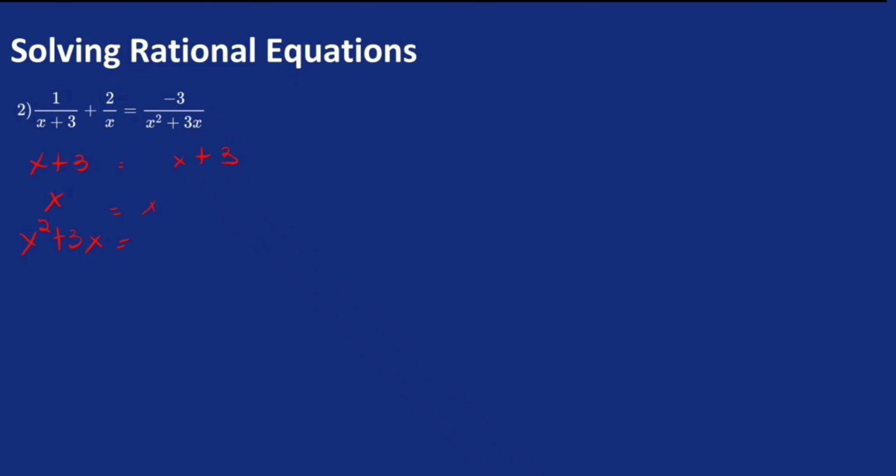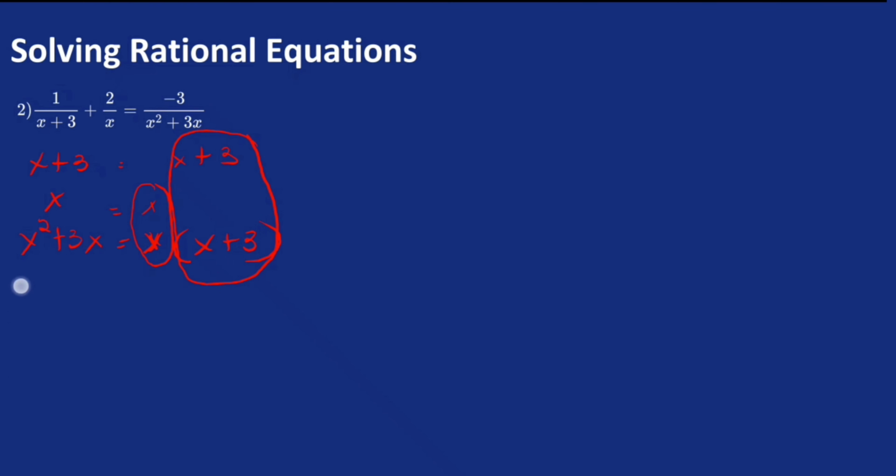And for x squared plus 3x, we know that this can be factored using the common monomial factor. And the factors are x times x plus 3. And you will see that we have here common factors. So the common factors will just be grouped together.